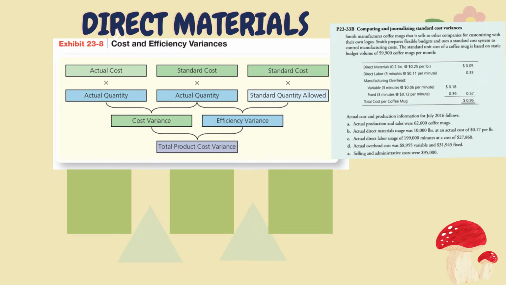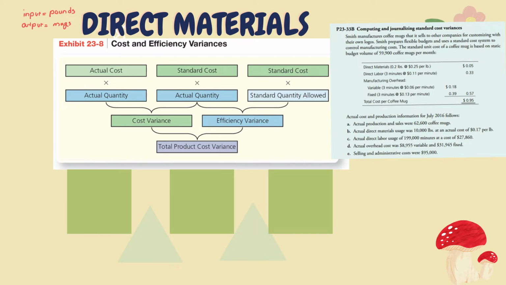Now I want to explain something before we start. For the direct materials, what's your input, and what's your output? Input will be the pounds I'm going to use to make the mug, while the output is the product I'm manufacturing, which is coffee mugs.